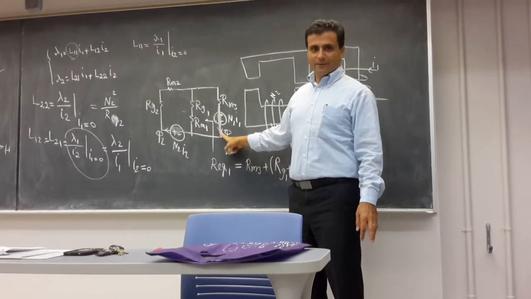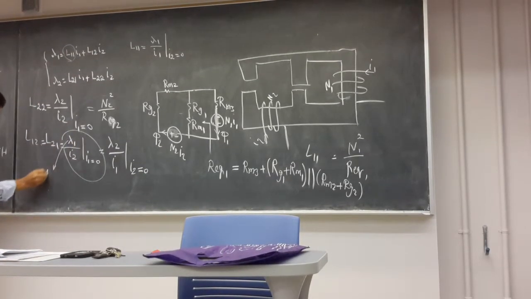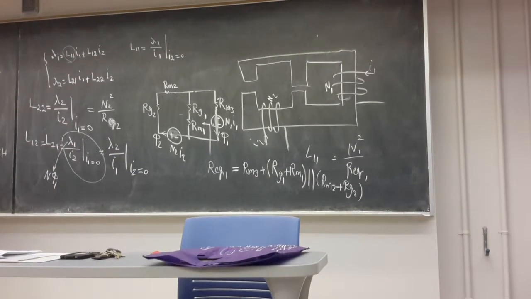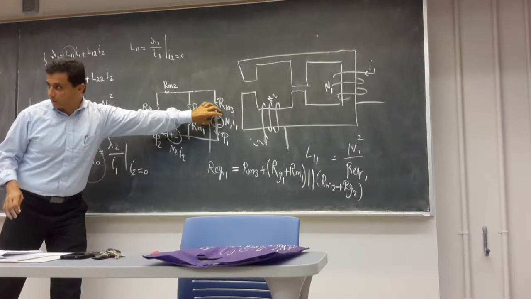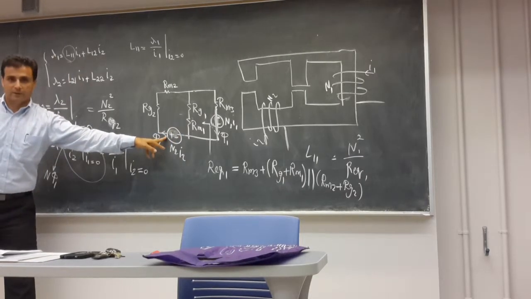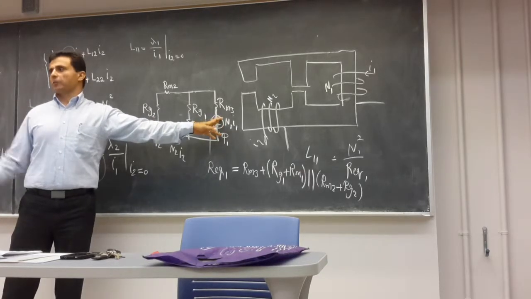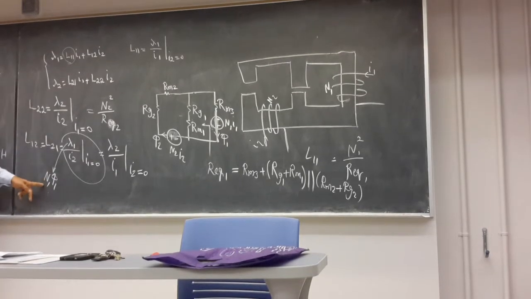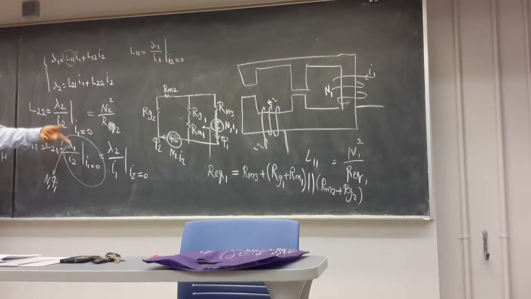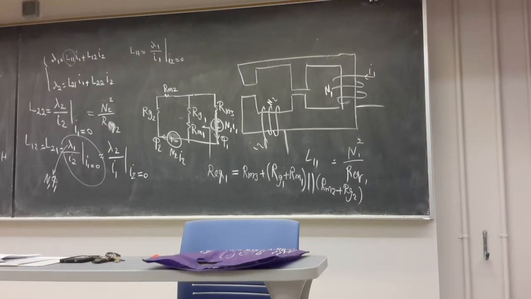So lambda 1 is going to be N phi 1. This one is not there anymore. Be careful, we have only one source here. If you write the KVL, KCL, you calculate the flux phi 1, which is going to be a function of I2. Times N1 is going to give you lambda 1. Divided by I2, you're going to get the result. You will see it in the homework. I want to give you a heads up about the homework when you're going to work on it. Now transformer.